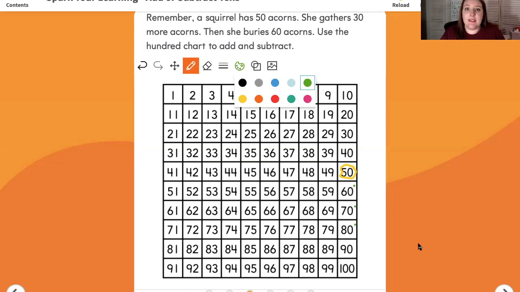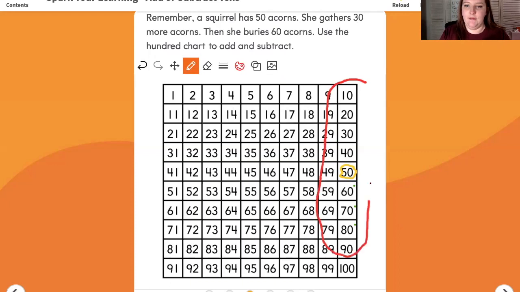Then it says, then she buries 60 acorns. Use the hundreds chart to add and subtract. So what we're going to focus on over here is this whole column right here. We're just going to look at our tens, okay? I added a 90 in there just so that we have a bit of a range.